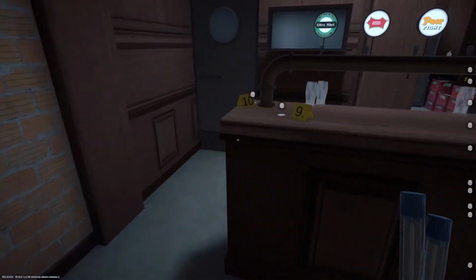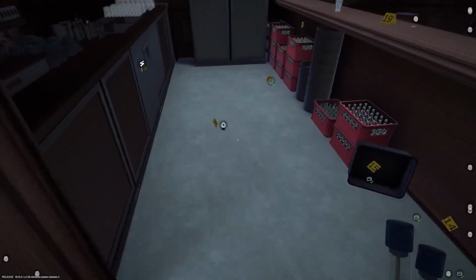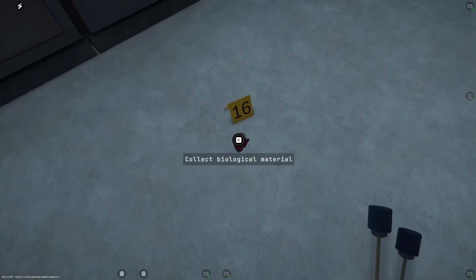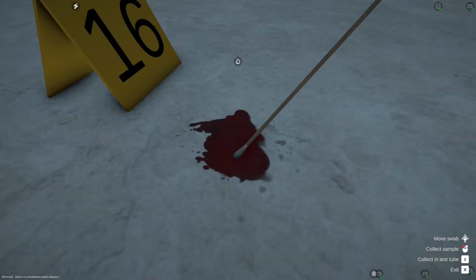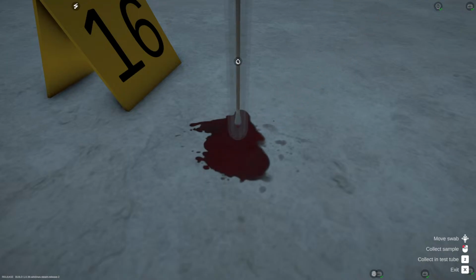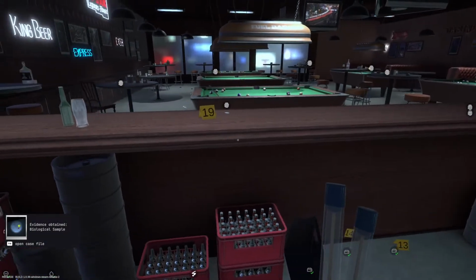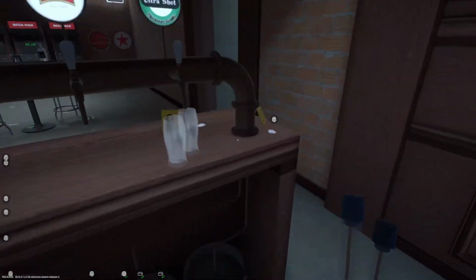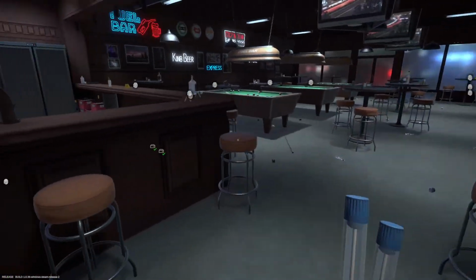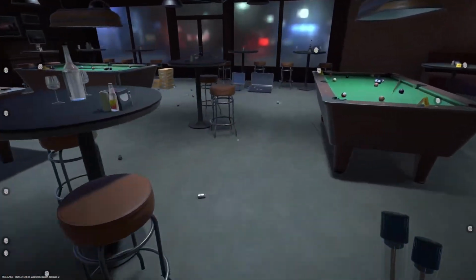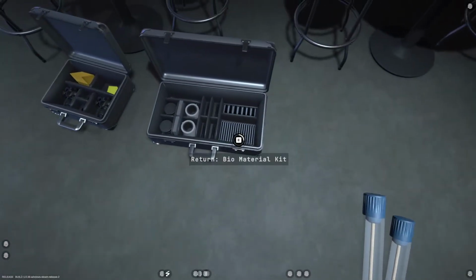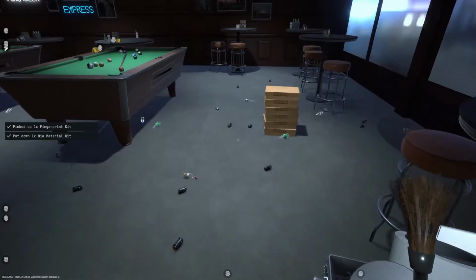I think there's only blood over here. Okay. Yeah, I think this is actually the only spot with blood. Right? Yeah, I think so. I don't remember blood anywhere else. Now let's get fingerprints going.